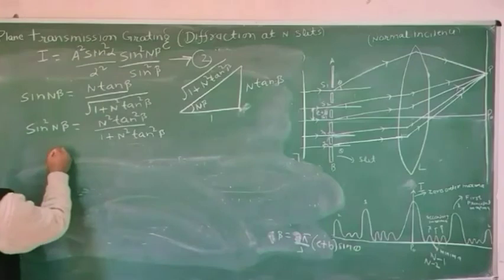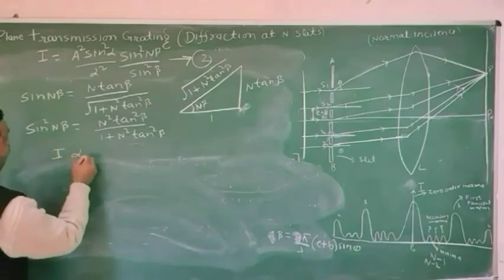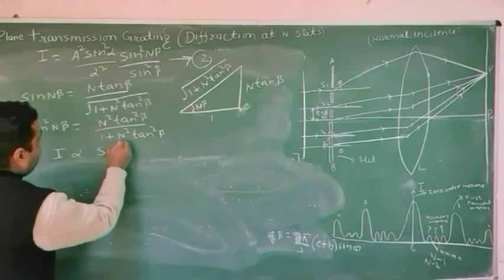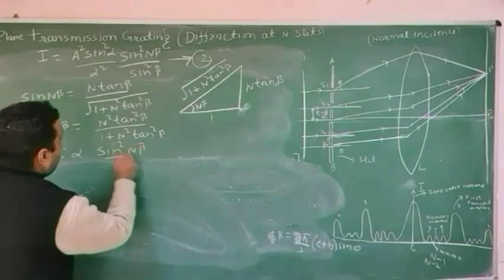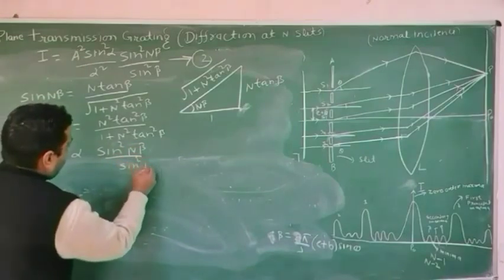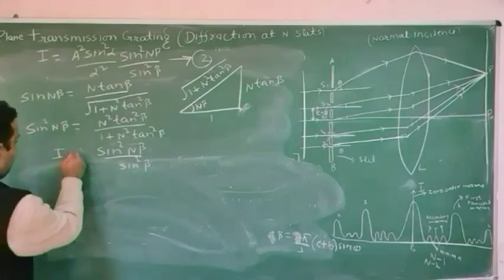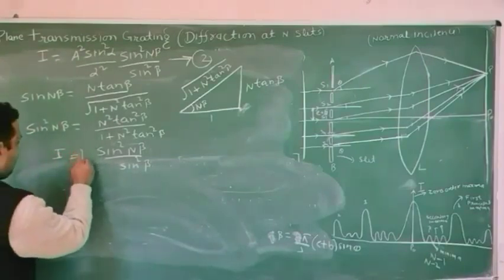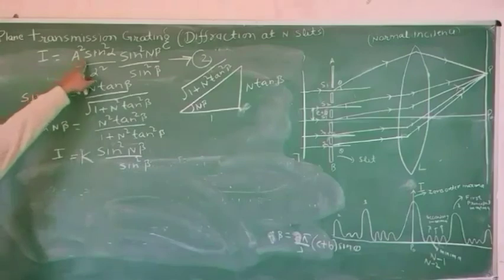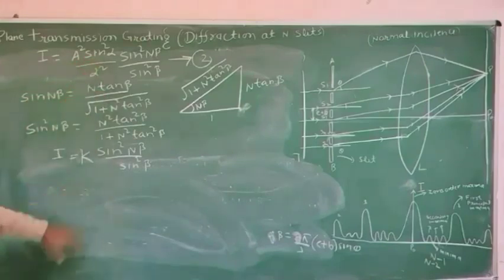So now the intensity is proportional to sin square nβ upon sin square β. This is a constant; we are not considering that. You can say that k is a constant, a square sin square α upon α square.